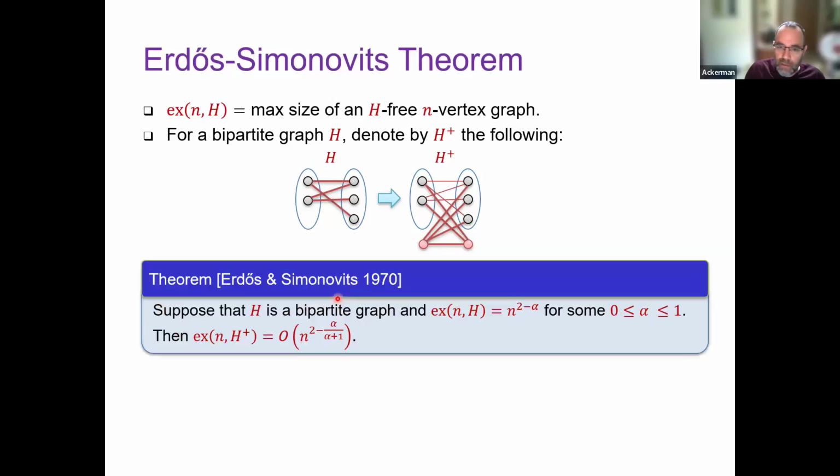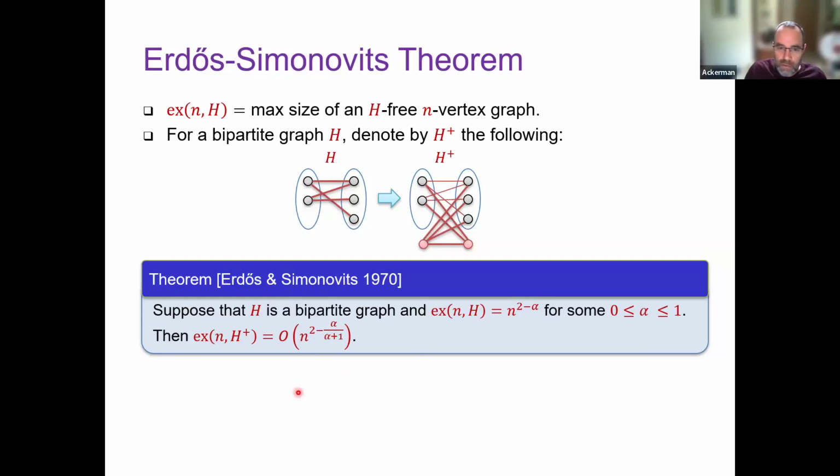And the theorem of Erdős and Simonovits from the 70s says that if H is a bipartite graph with at least one edge, and the extremal function of n and H is n to the power of 2 minus alpha for some alpha between 0 and 1, then the extremal function of n and H plus is n to the power of (2 minus alpha) over (alpha plus 1).